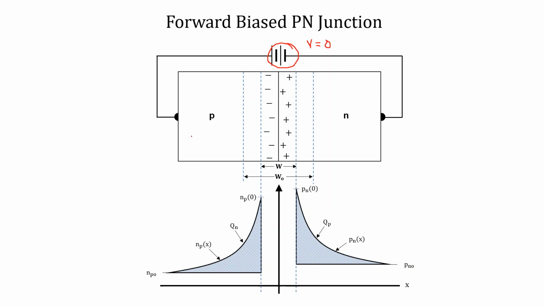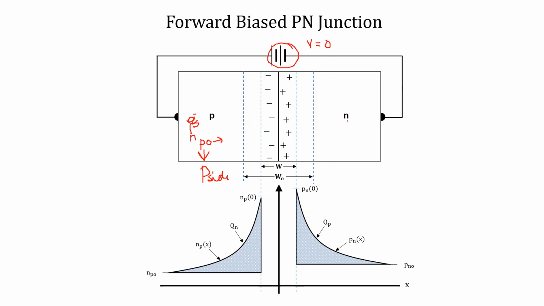So electrons will be denoted here as Np naught, where N means electrons, P means P side material, and naught means thermal equilibrium.